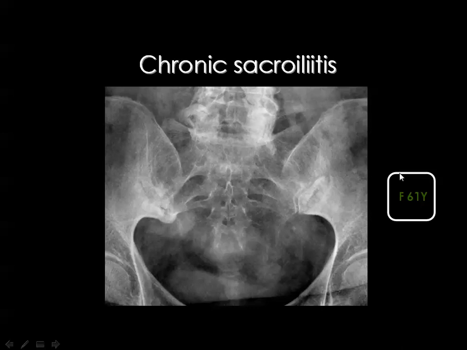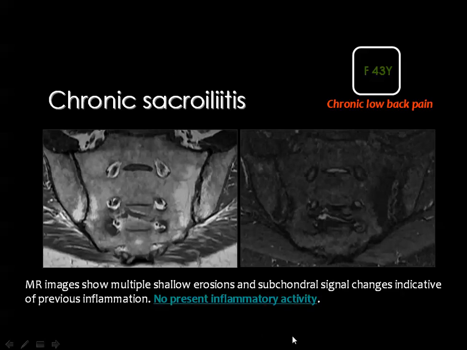Then whenever you look at the sacroiliac joints, and you see that both joints are affected, whether symmetric or asymmetric, with narrowing of the joint space, subarticular bone sclerosis, then you know that this is a chronic type of sacroiliitis. Then how can you predict the possible underlying pathology? Then you should go to the clinical data, and you should look at the patient, and you should also have some idea about the laboratory findings, so that you can reach the final diagnosis.